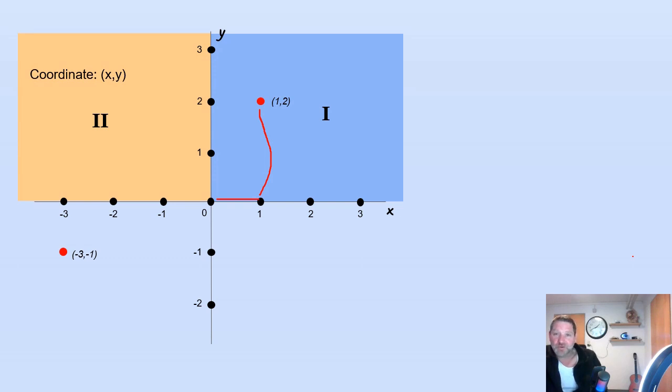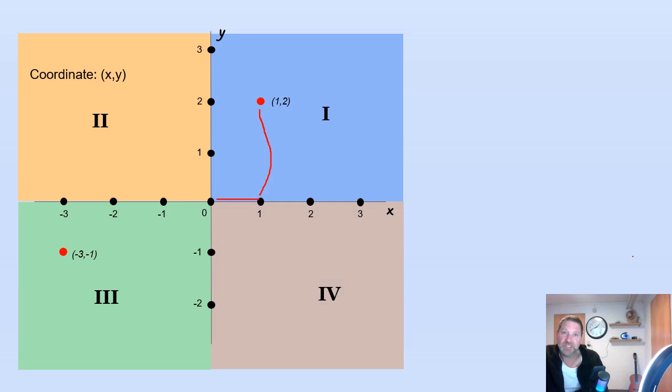Then we have the second quadrant in the negative x, but still in the positive y direction. Third quadrant, negative x, negative y, and the fourth quadrant, negative y, but positive x. You might be wondering why, but you'll see later.